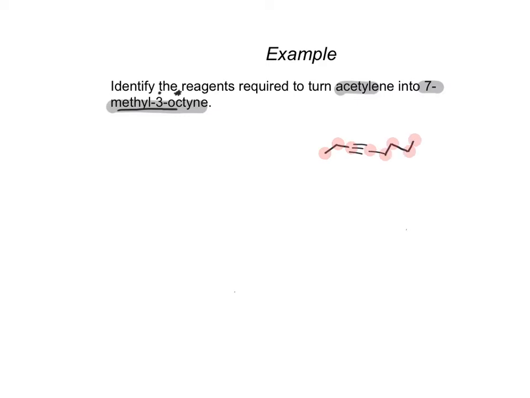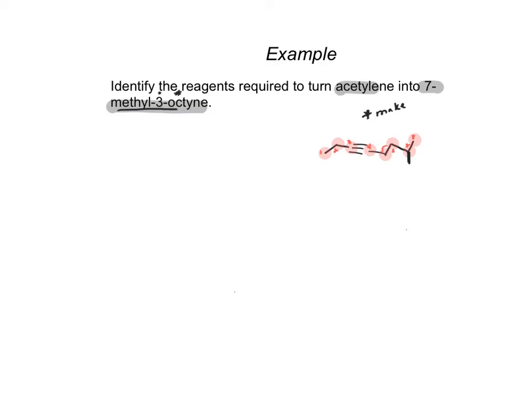So we're good. We've got octyne. Again, that carbon-carbon triple bond starts at the 3 position. And the only thing we're missing at this point is this methyl group at the 7 position. So this is what we want to make.